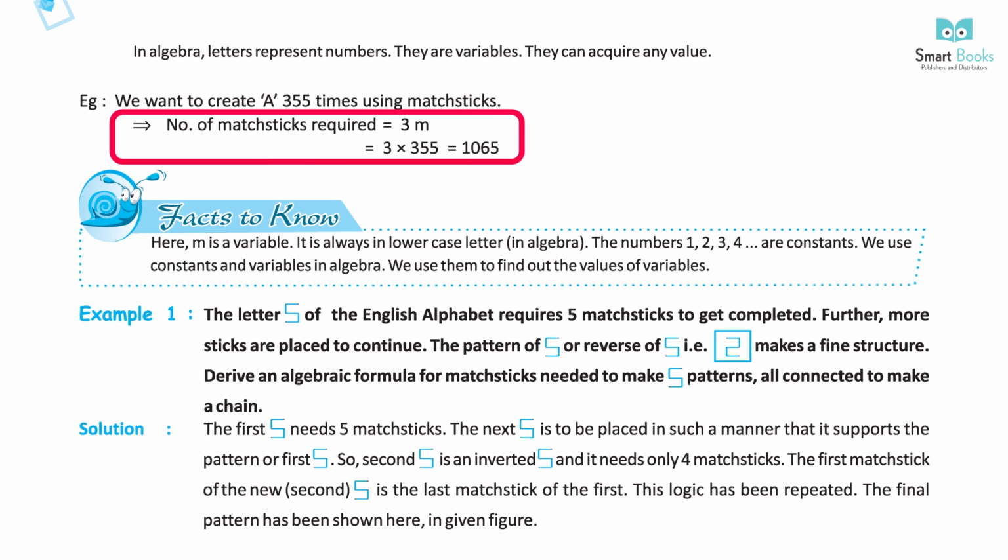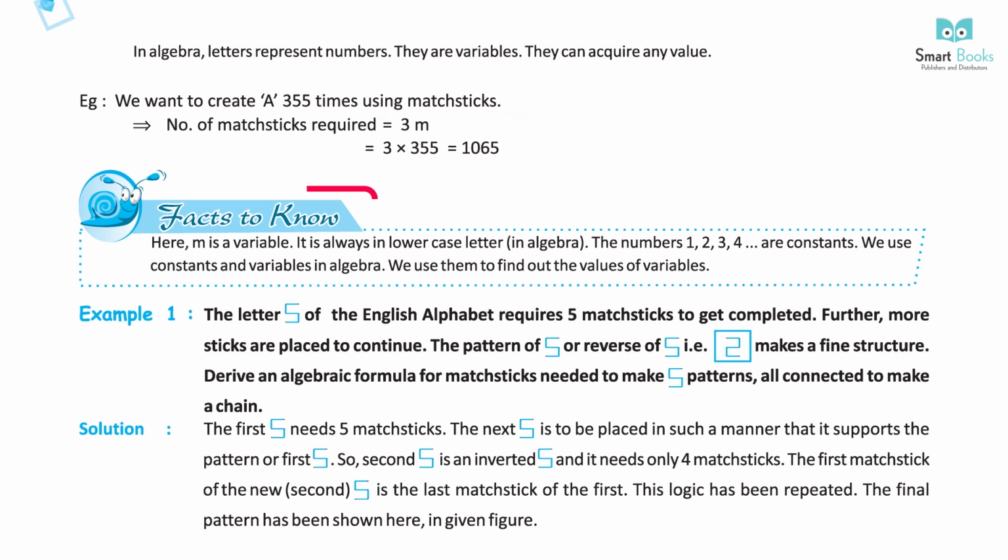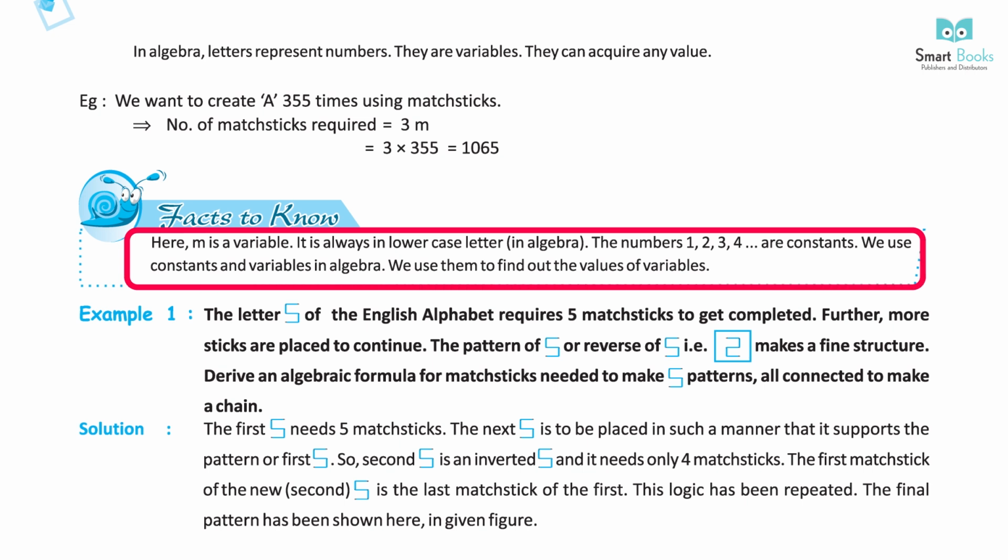Number of matchsticks required equals 3m, which is 3 into 355, equals 1065. Here, m is a variable. It is always a lowercase letter in algebra. The numbers 1, 2, 3, 4 are constants. We use constants and variables in algebra. We use them to find out the values of variables.